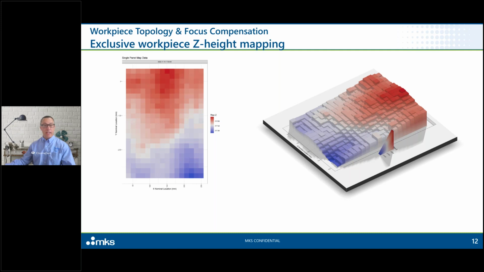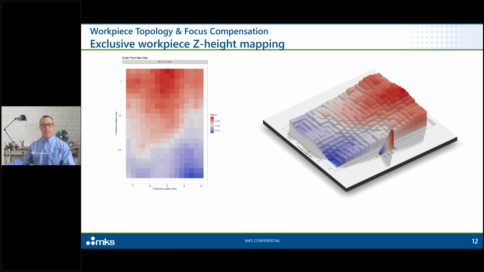I should also mention that there is a throughput hit if you decide to map every single panel, because the system is taking the time, although it is fast, to map each panel. And we obviously want to avoid negative throughput hits.